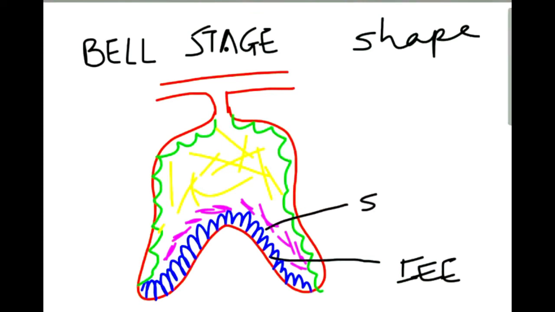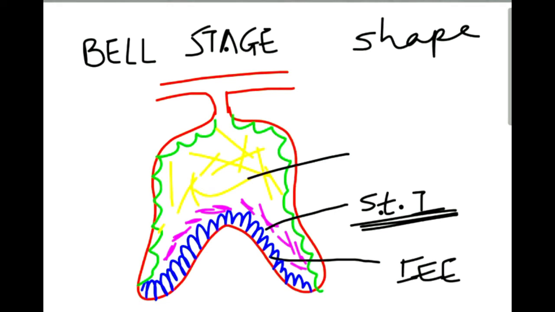Then there are a few layers of squamous cells called the stratum intermedium. This stratum intermedium is very essential for enamel formation, so it is present only in the crown portion of the tooth bud and it is absent in the portion of the tooth germ which forms the root. And these cells show high metabolic activity.